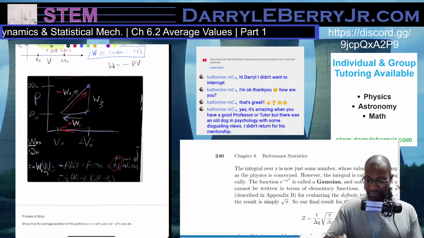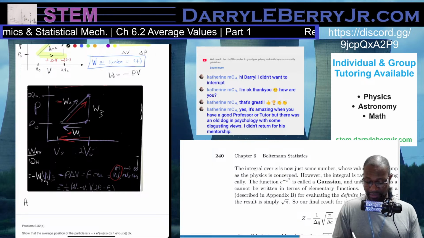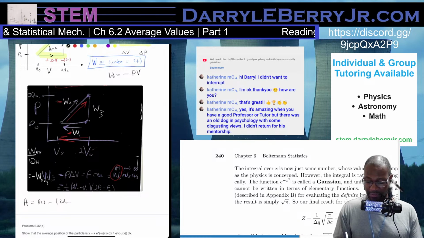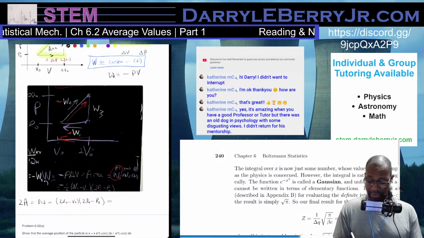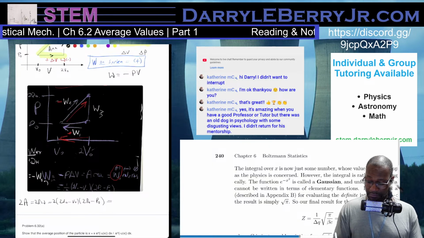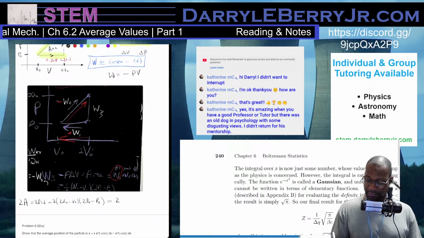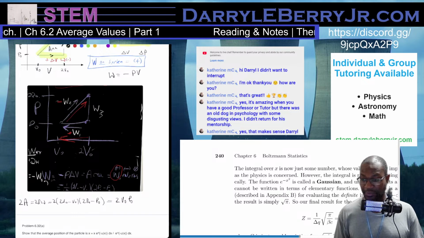So you can get this area easily by making that a square, area is length times width, which is going to be 2V naught minus V naught times 2P naught minus P naught. So that equals, and this is really 2 area, equals 2V naught minus V naught P naught. And Catherine says, yes, that makes sense.